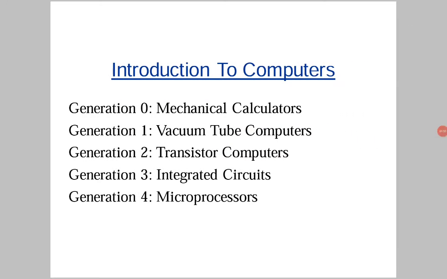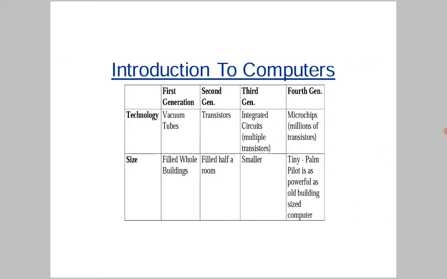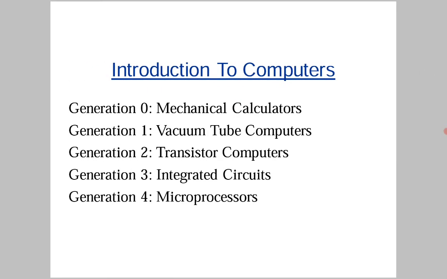In introduction to computers, we look at the different categories of electrical, electronic and mechanical devices invented in these generations. Generation 0 means mechanical calculators. In generation 1 vacuum tubes are introduced, which are electronic components.